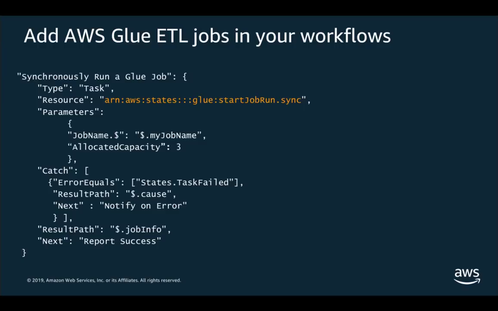Okay, so we make asynchronous tasks look like they're synchronous. So you don't write extra code, just say, hey, run Glue, and obviously when Glue has done its thing, if the task succeeded, then please let's continue. If the task failed, then log an error and then maybe stop the workflow.